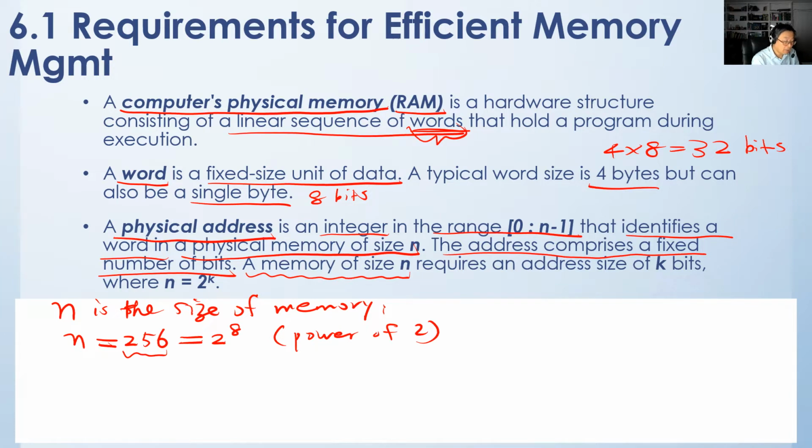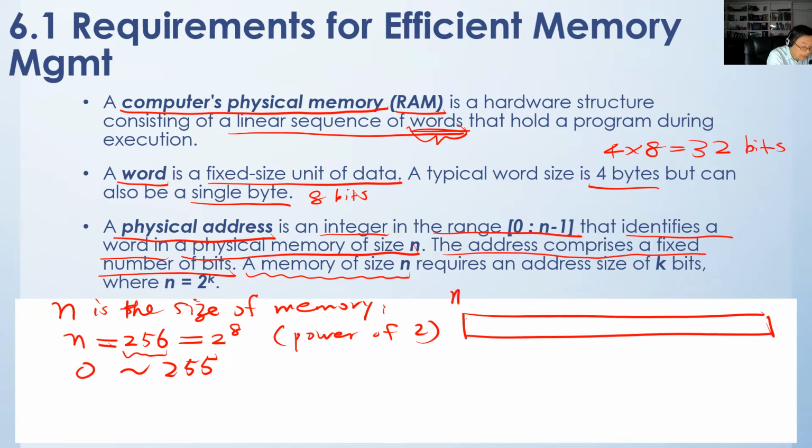So what's the range of the memory address? For size 256, the memory address is going to be from 0 to 255. The actual memory looks like this. Each box represents a word. This is one word, that's another word, and then we have a total of 256 words.